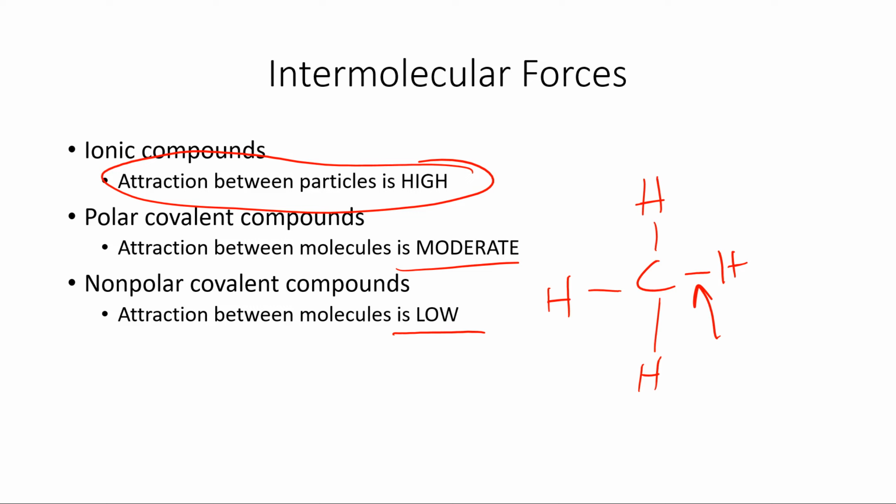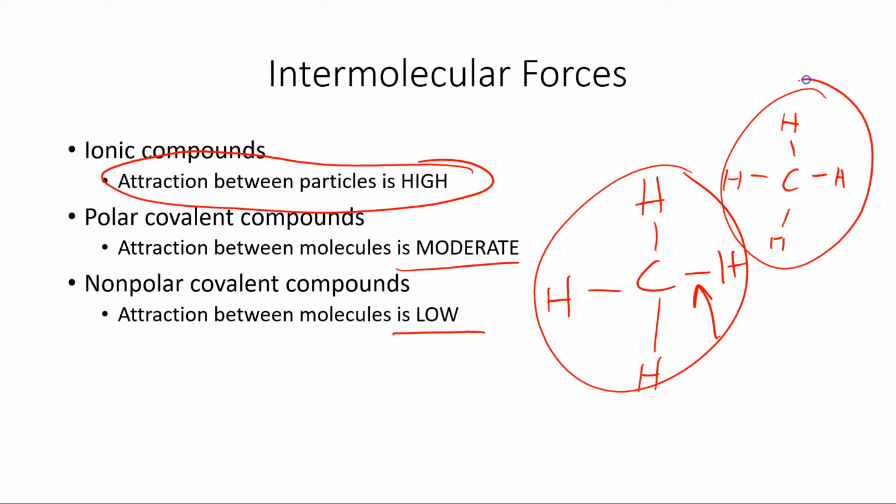That is an intramolecular force, and that might actually be a fairly strong bond. I'm talking about if there were another methane nearby, would this methane have some sort of attraction to that methane? Since it's nonpolar, there would be very little, if any, attraction from this one to that one. Not talking about the attraction that occurs because of that bond. All right, I hope I've made that clear at this point.